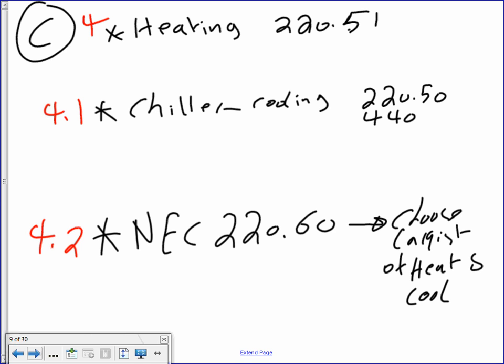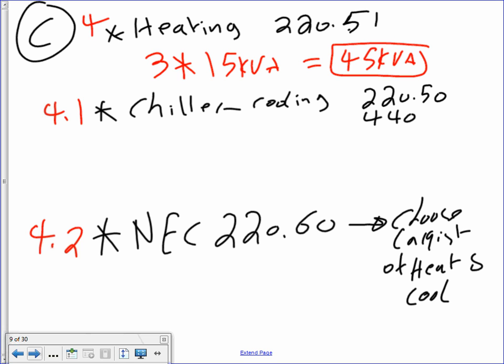For heating, I have 3 heaters. We asked Brian to design this building, and he decided to burn electricity. He put in 3 heaters, each one of them 15 kVA, and that gets you a total of 45 kVA. Then we asked Karen to design the chillers.